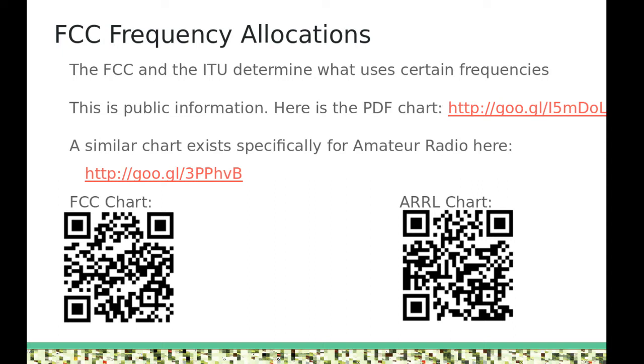So the frequency allocations are assigned by the FCC, the Federal Communications Commission. And then there's an international version of that called the International Telecommunication Union, or ITU. That link, which is also in that first QR code, brings up the FCC chart. I also have a copy of the FCC chart on the share drive here.